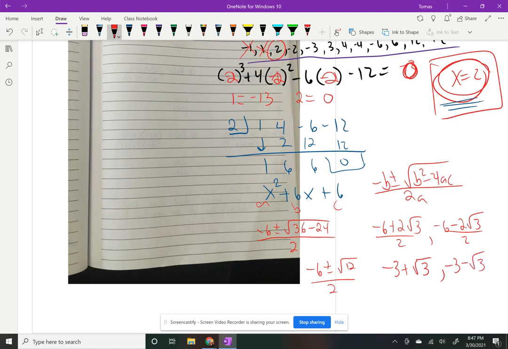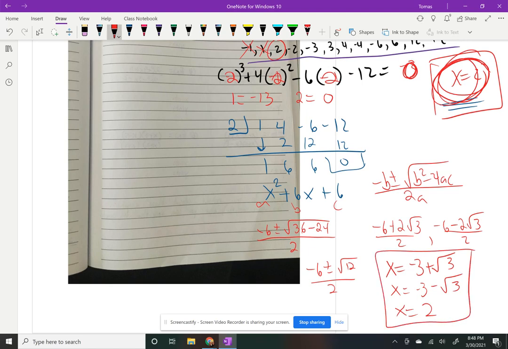So actually, let me write it like this. I'm going to write x equals -3 plus the square root of 3, x equals -3 minus the square root of 3, and then, of course, our original one that we used was x equals 2. So here are our zeros.